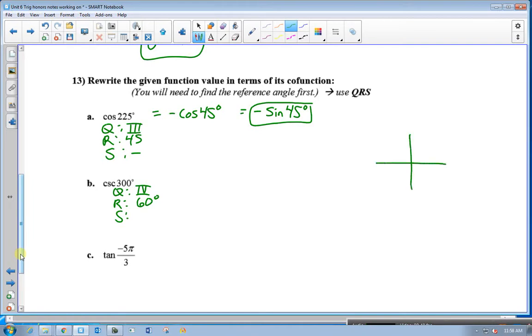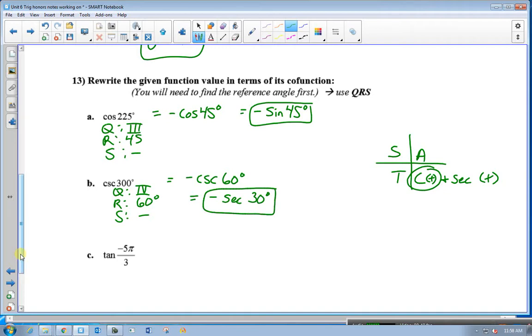In quadrant 4, the only things that are positive are cosine and secant. So cosecant's negative. So this is negative cosecant 60, and then what's that cofunction? Negative secant 30.